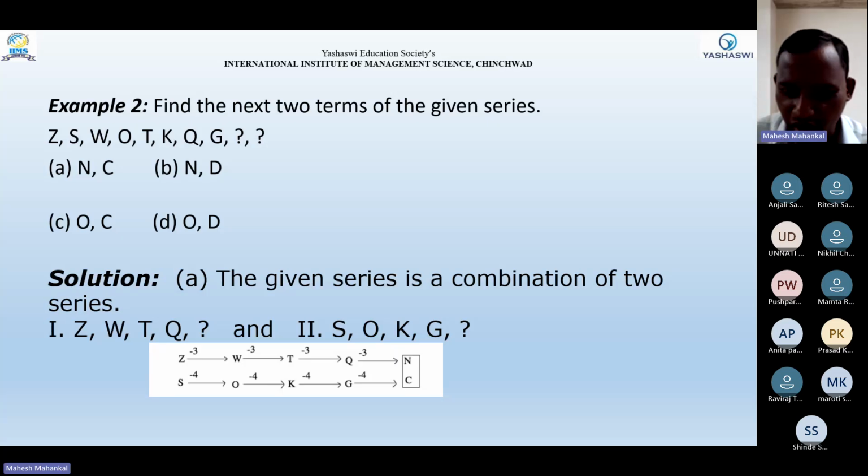You should assume that these types of questions will definitely come in your examination. Write A to Z, the 26 alphabets, on a rough paper, and then you have to use your logic. It is simply based on logic. How you are going to use your logic.